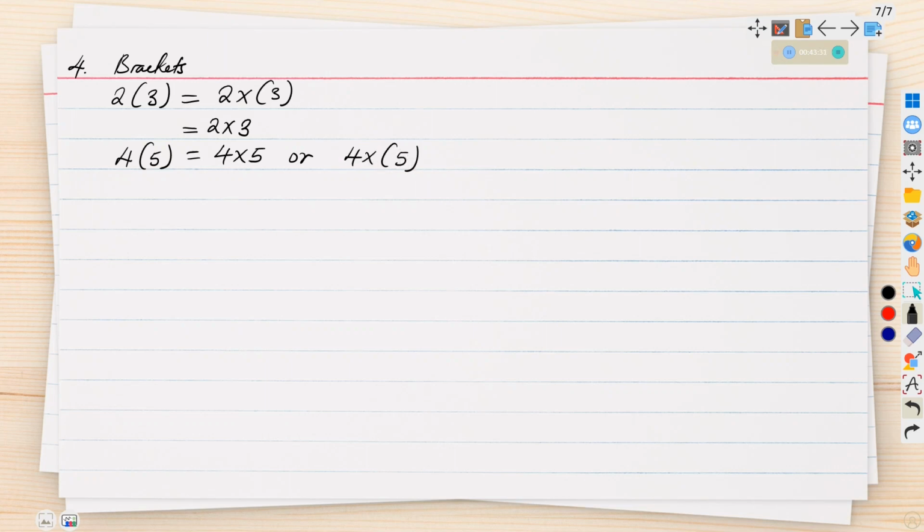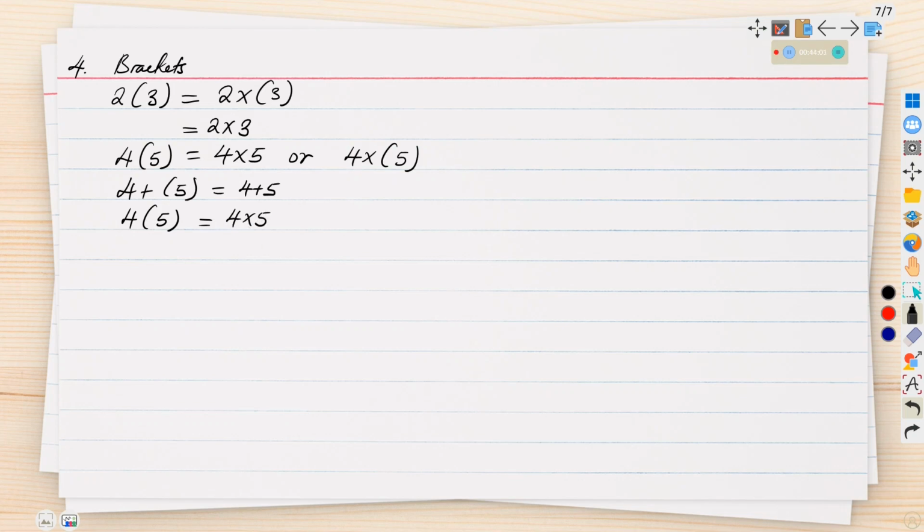In mathematics it is different. If I write 4 plus then I put 5, it is just the same as 4 plus 5. If I put 4, then there's nothing in between 4 and the brackets like 5, it means there is a hidden multiplication. It means 4 times 5.